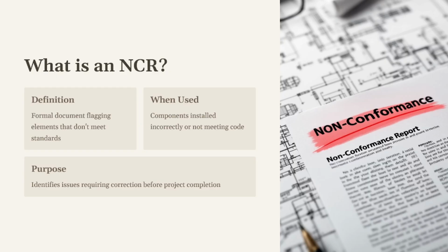What is an NCR? A formal document flagging elements that don't meet standards, used when a component is installed incorrectly or not meeting codes. Purpose: identify the issues requiring corrections before project completion. So basically, that is how you can define an NCR.